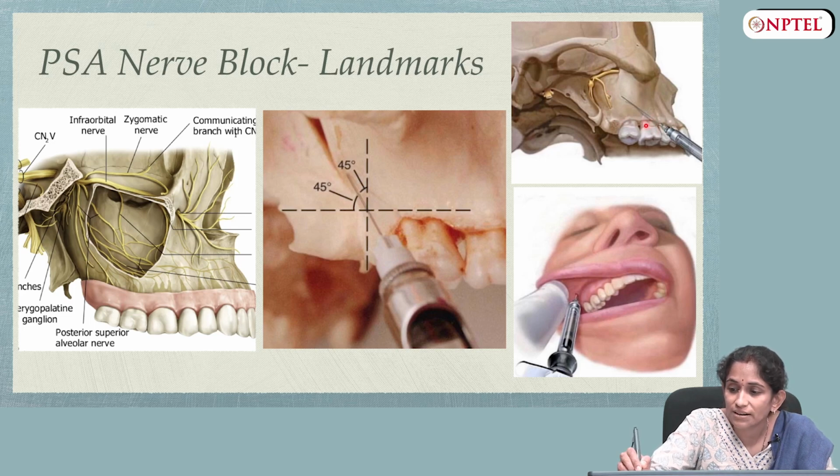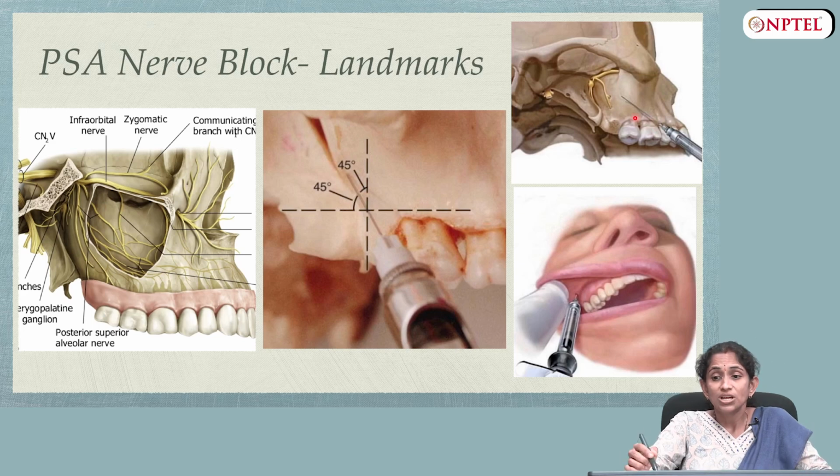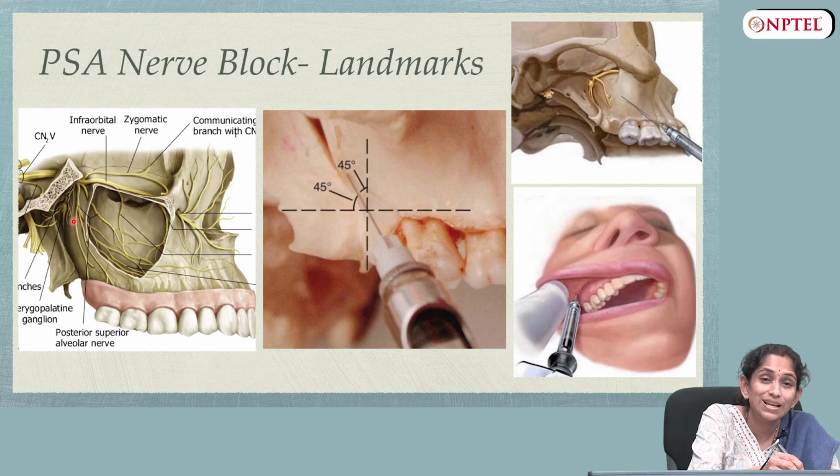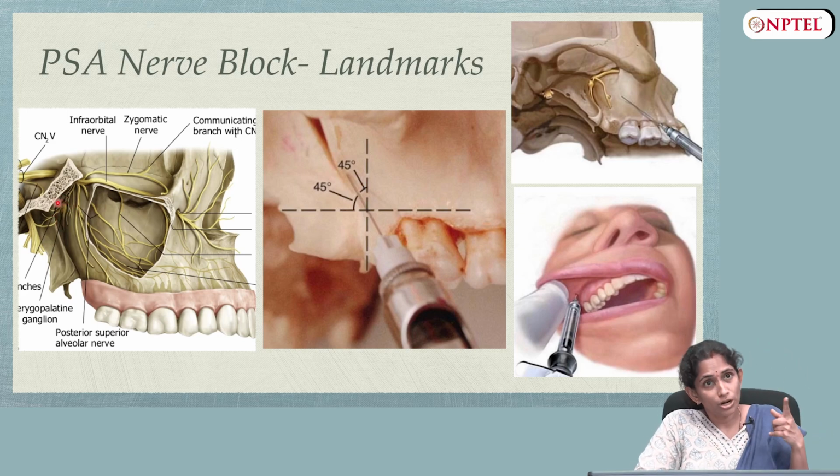The last 1/3 is left outside, because the deeper you go, we need to remember that there is a pterygoid venous plexus and maxillary artery which are sitting right next to the posterior superior alveolar nerve, which can get injured when we go in deeper.